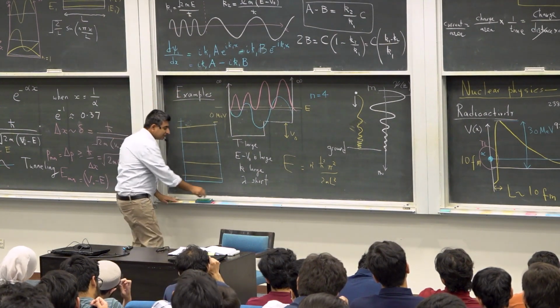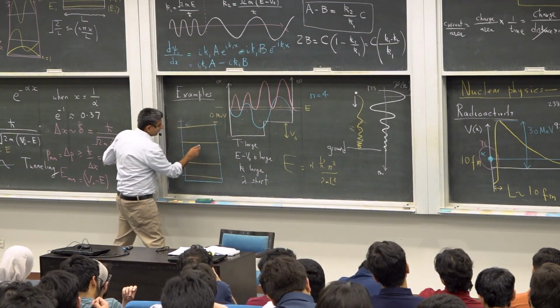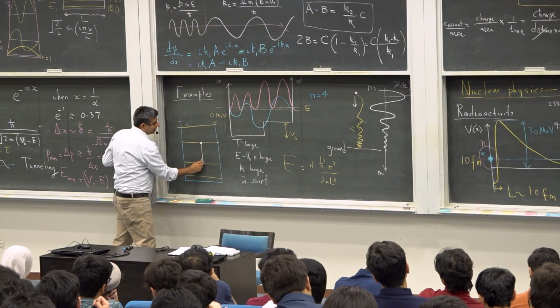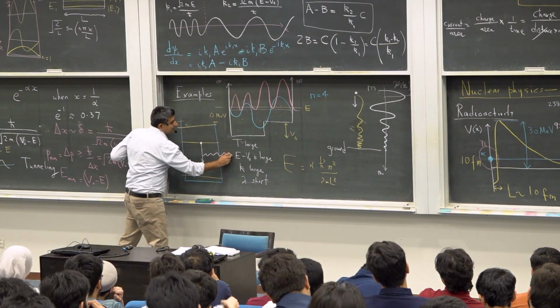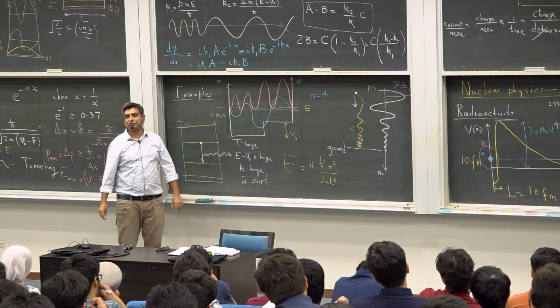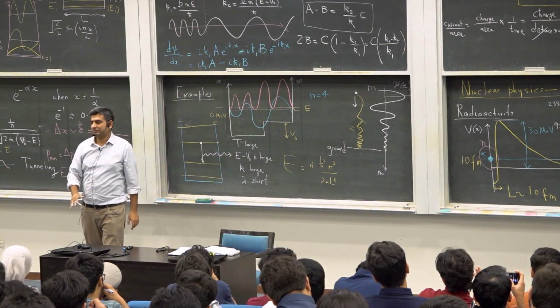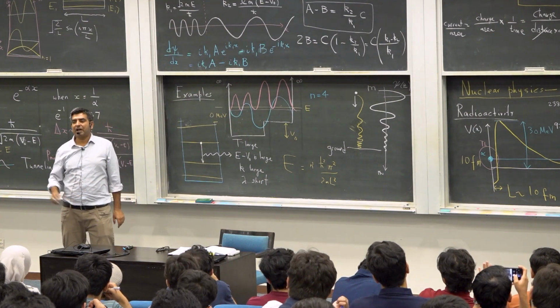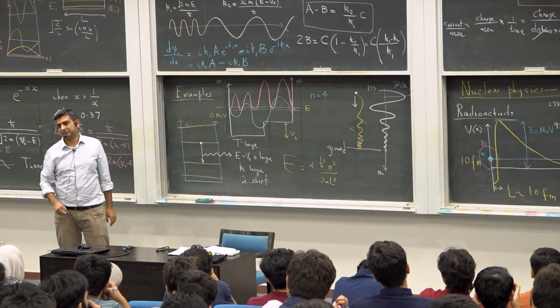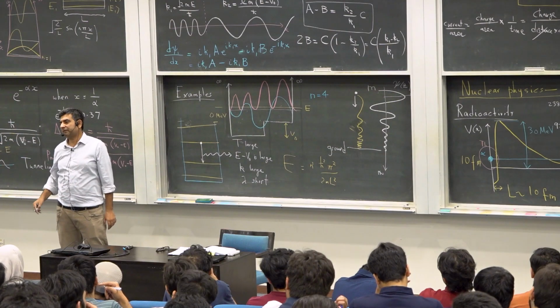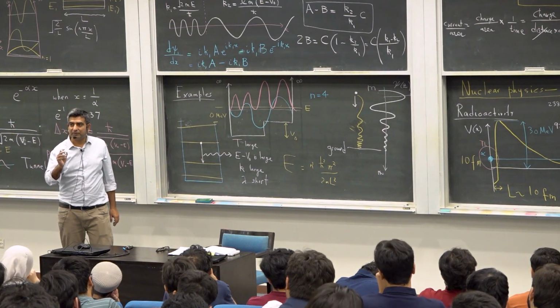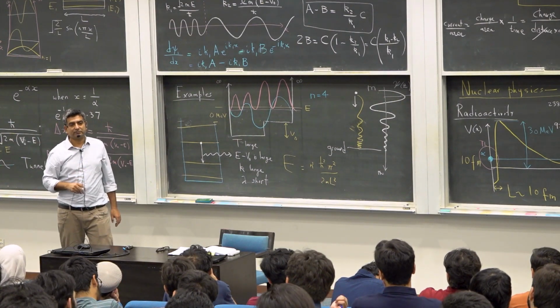So if a transition takes place inside a nucleus and a photon is emitted, this photon is going to be in the mega electron volts regime. Very short wavelength, very high frequency.